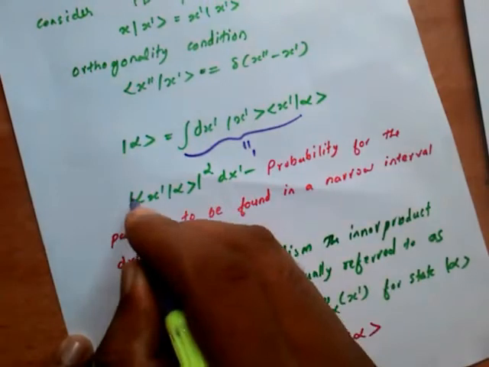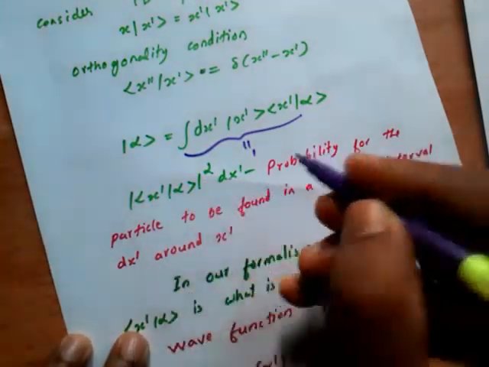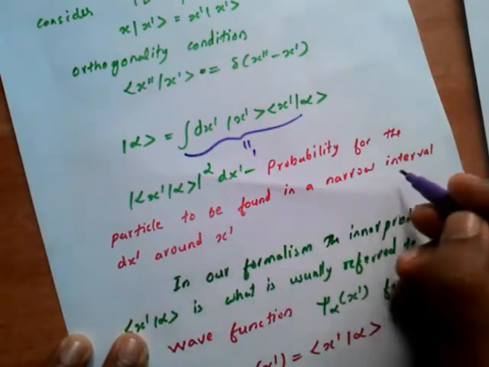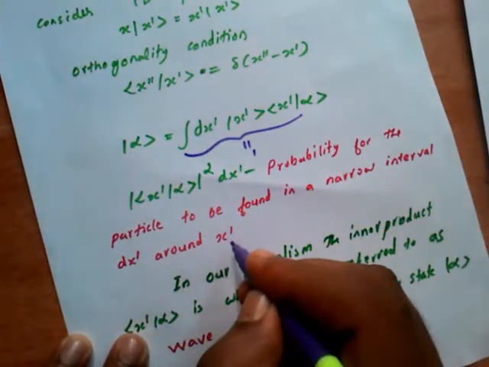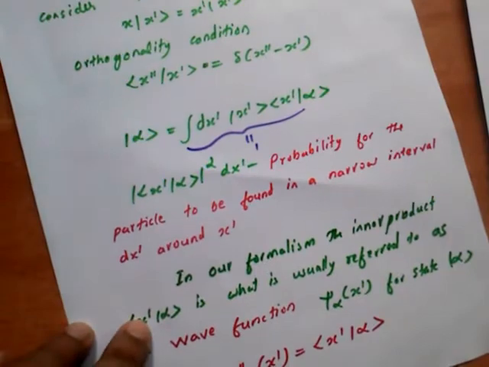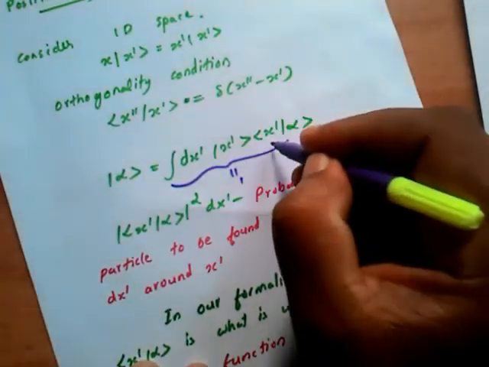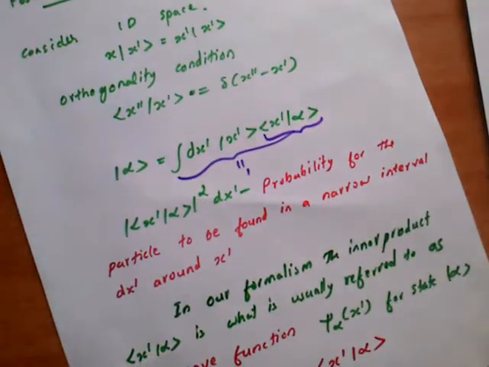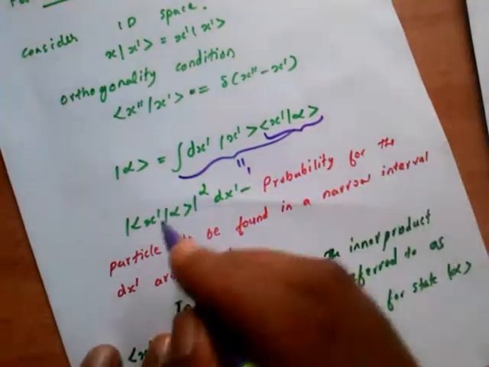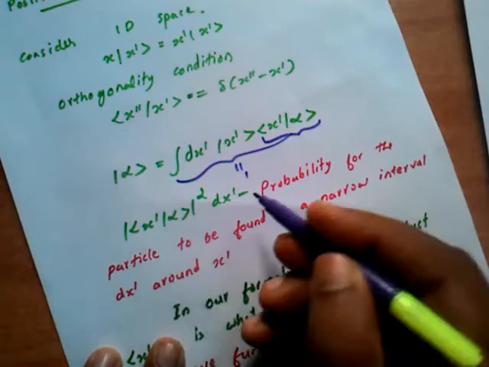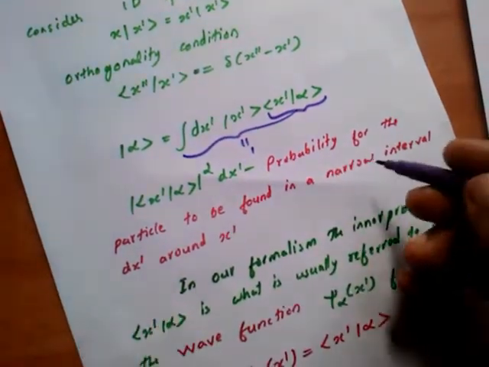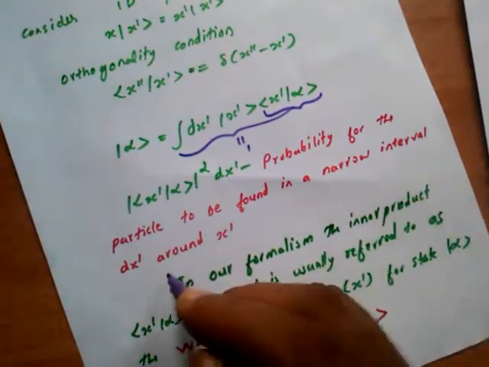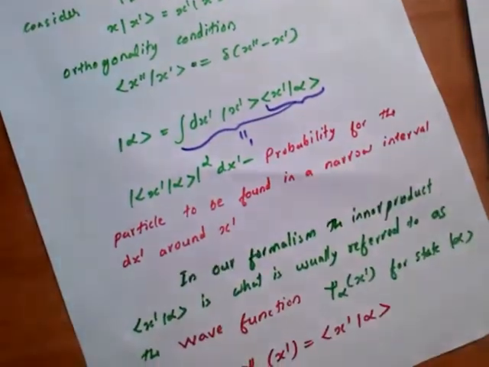And the term mod of inner product x dash alpha whole square dx dash is the probability for the particle to be found in a narrow interval dx dash around x dash. This term is actually the expansion coefficient. X dash alpha is the expansion coefficient, and the square of the mod of that expansion coefficient is the probability for the particle to be found in a narrow interval dx dash around x dash.